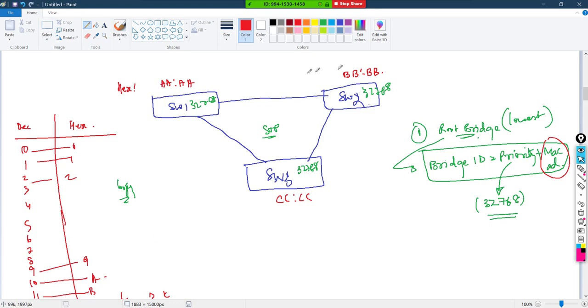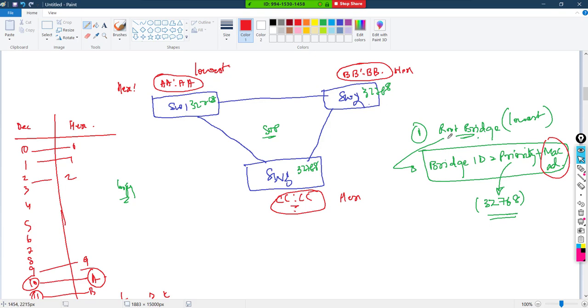So from this chart, A is equivalent to 10, B is equivalent to 11, and C is equivalent to 12. So A is considered the lowest, because it's equivalent to 10. B is the second highest, equivalent to 11, and C is the highest with a value of 12.